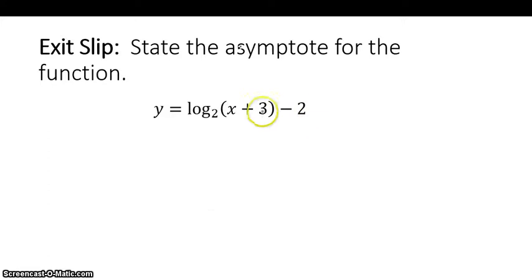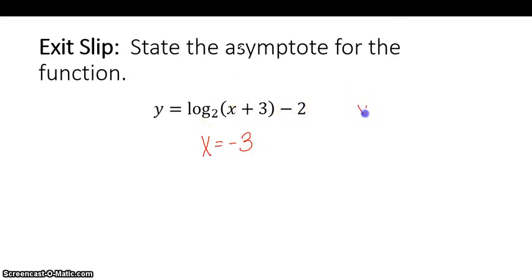Okay? So if you just left it like this, then remember to get the asymptote, it's whatever is in the parentheses with the log, but it's opposite of what it looks like. So that would be x equals -3. That's your asymptote. Now, if you change this to exponential form, you would have added 2.